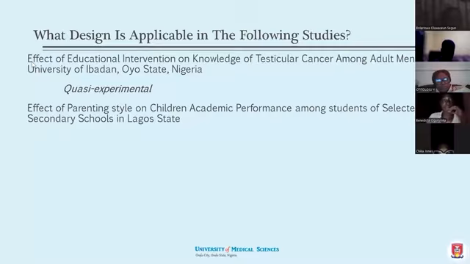Any topic that comes with effect, there must be a way in which you want to measure that effect. I've seen responses for this also: non-experimental, descriptive, cross-sectional. But do you think this non-experimental descriptive will be able to measure the effect of parenting? Do you think it's going to help us to measure that effect?